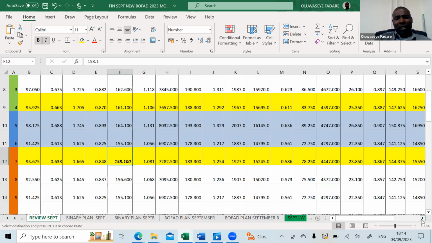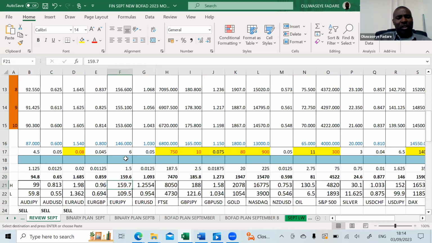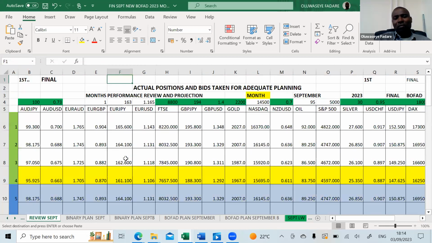So either way, we expected the market to come downwards, but if the market should go up to 158.1, we monitor the market, and if the market should go up to 159.6, then the market is not coming down again for the rest of the month. So which means the market will be a buy to give us a profit. So that is the context of our theory.